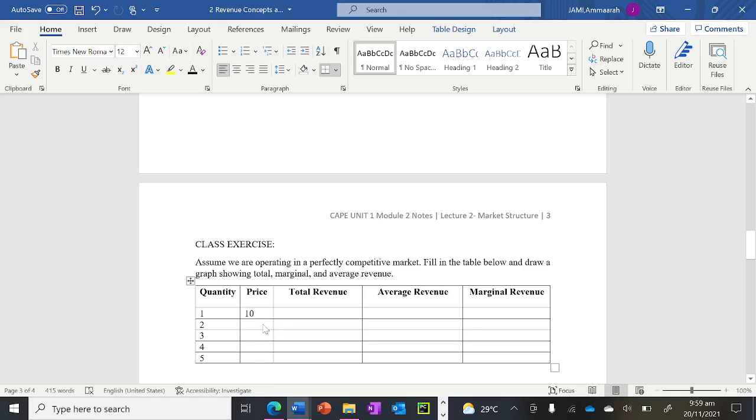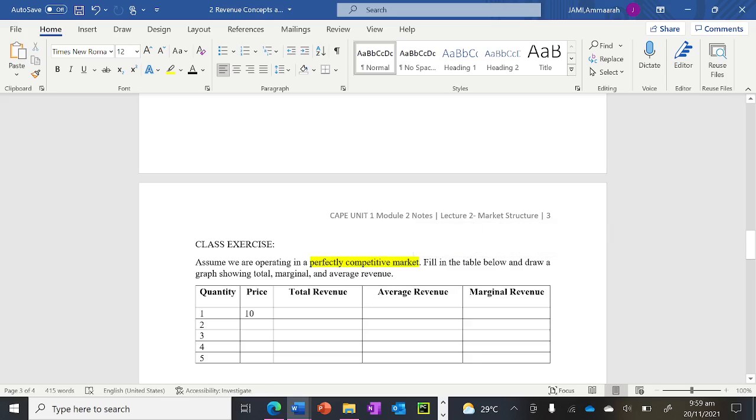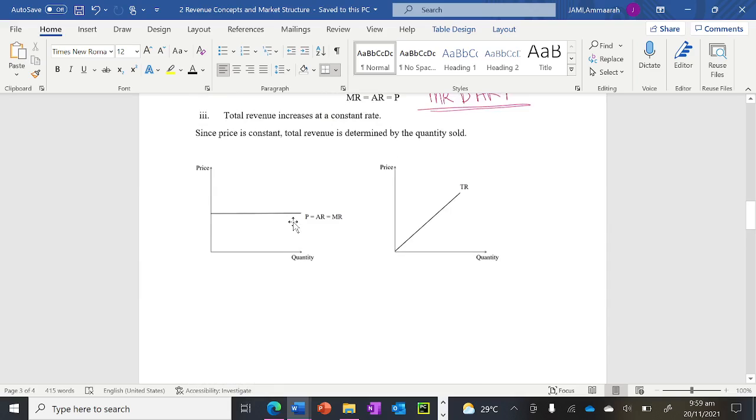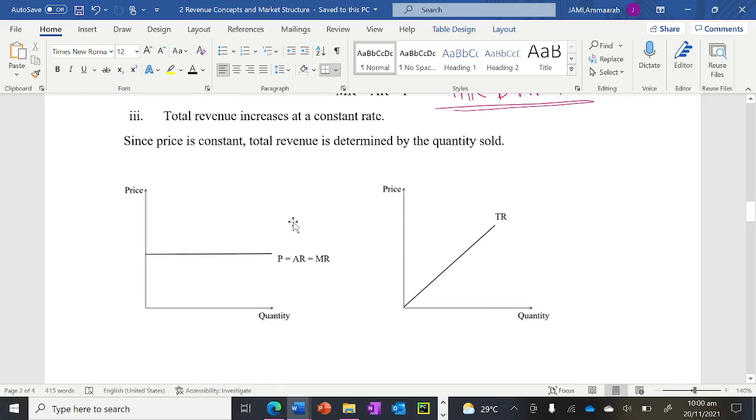No. Remember that in a perfectly competitive market, the price is constant. Okay, I thought it would go up since we're doubling the quantity. Remember this graph also. If you produce 0 units of output, 1 unit, 2 units, 3 units, 4, your price will still be the same.